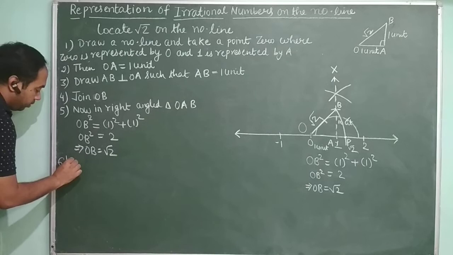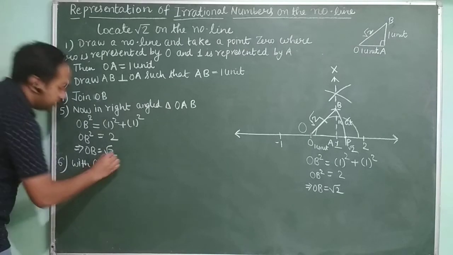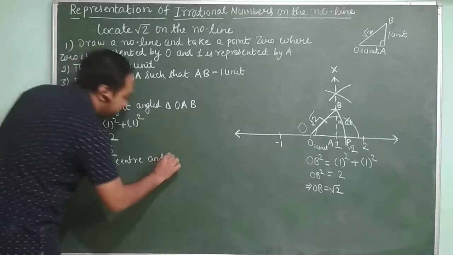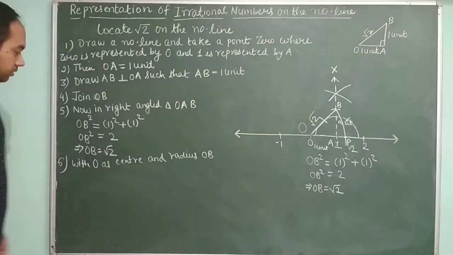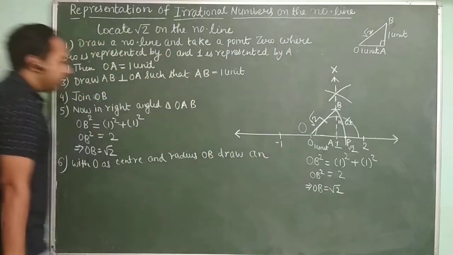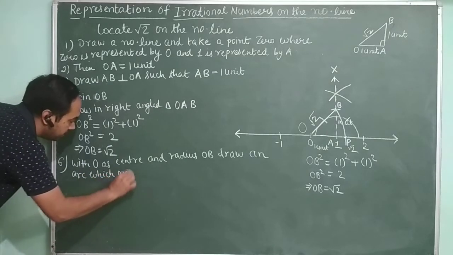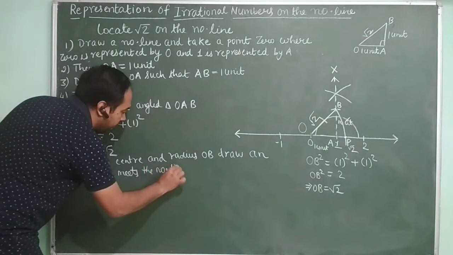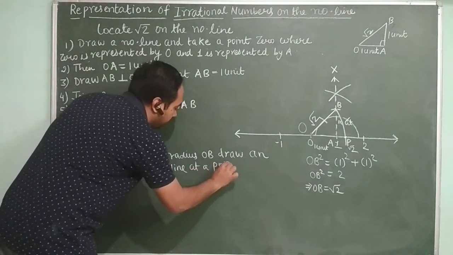With O as center and radius OB, draw an arc which meets the number line at a point P.